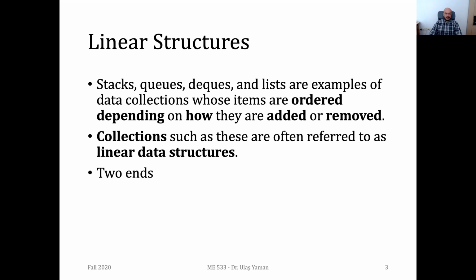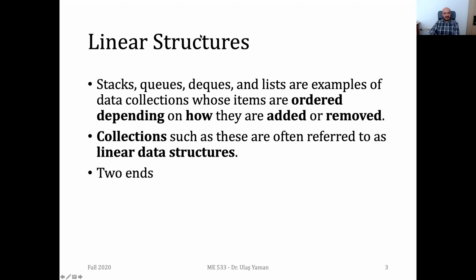And can you give an example of a non-linear data structure? The trees are actually kind of non-linear data structures, since you can add any value, any node to different levels of the trees.